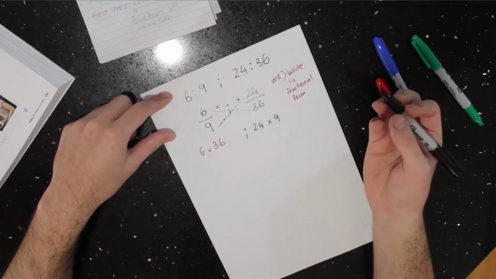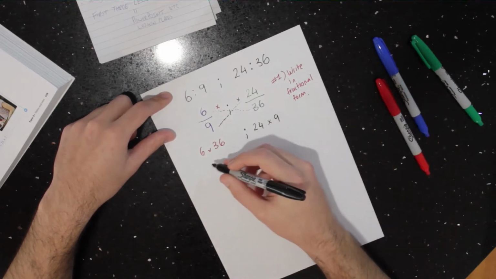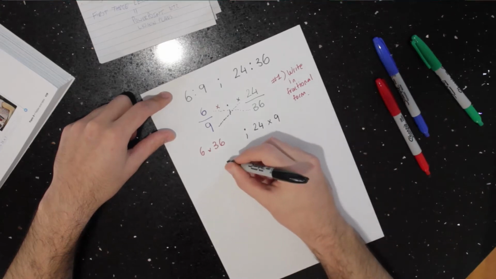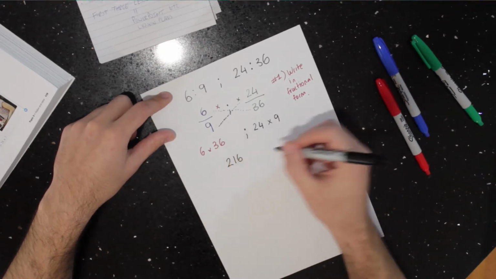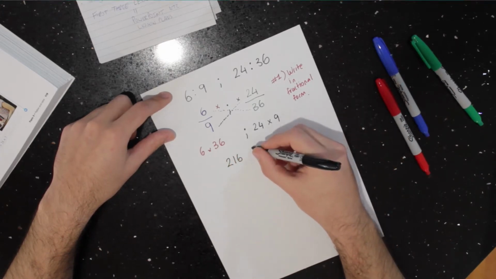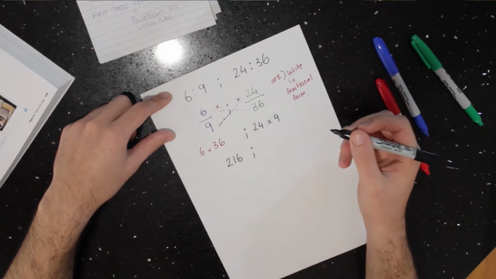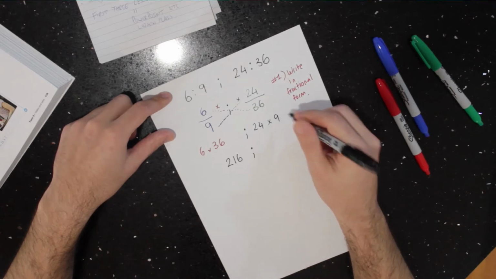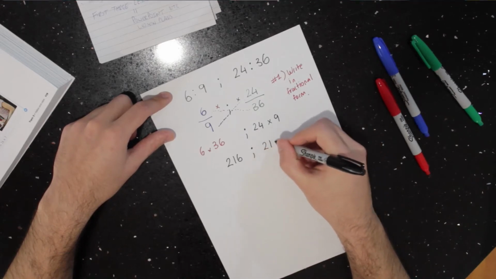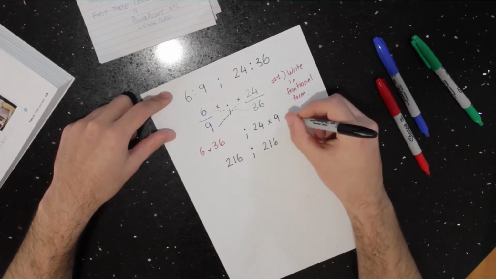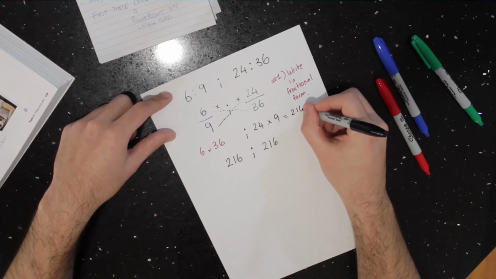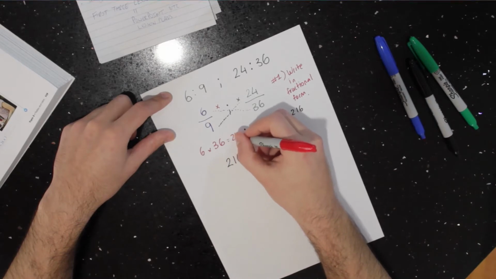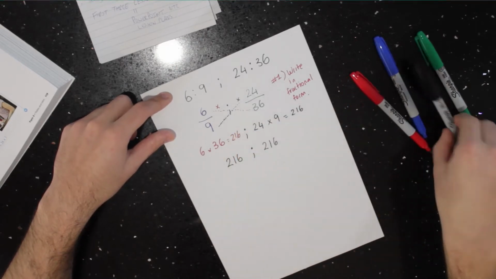So let's figure out what they both equal. 6 multiplied by 36 is going to be 216. Checking if they're equivalent, 24 times 9 is going to be 216. You might actually want to do the full working out up there.